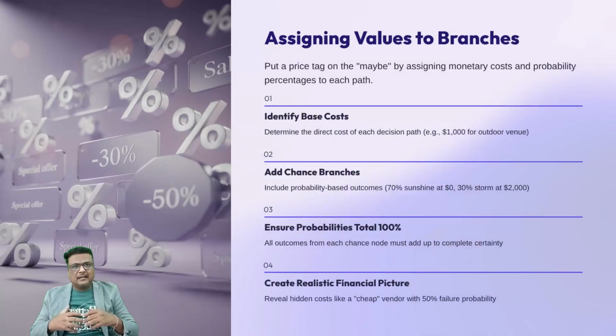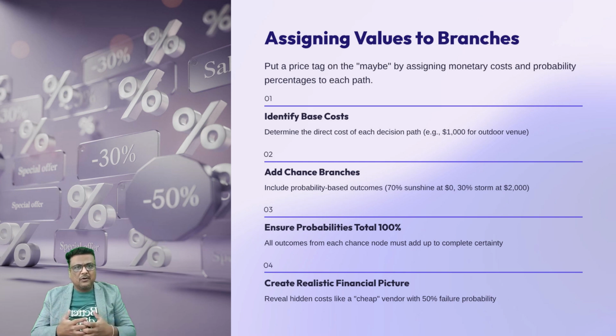Now we have to tackle assigning values to branches. Formally, this involves assigning a monetary cost or gain to each path and a percentage probability to each outcome of a chance node, ensuring the total probabilities for each node equal 100%. In everyday speak, this is putting a price tag on the maybe.